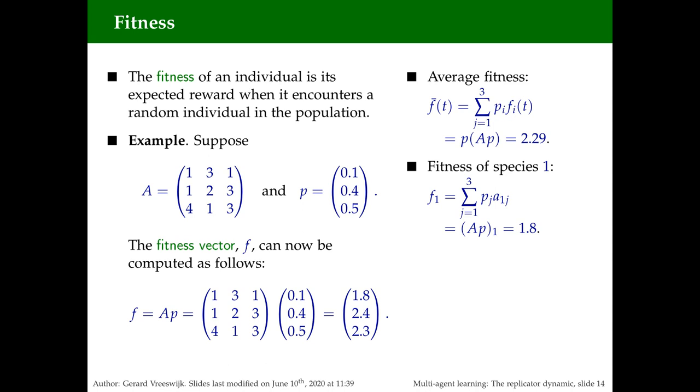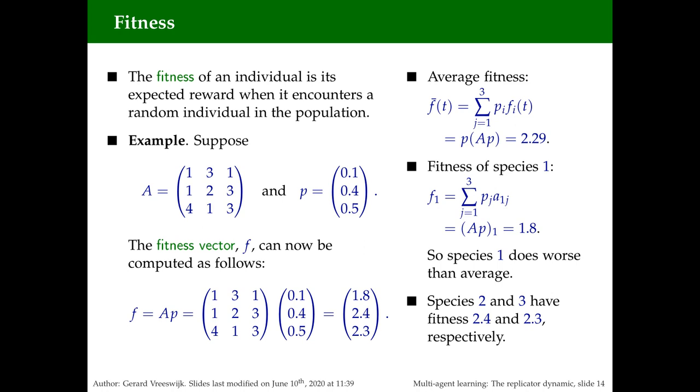Well, you can compute the fitness of species 1. That's the first element of A times P, so this is 1.8. And you see that's lower than the average fitness. So it is to be expected that the proportion of species 1 will decrease.